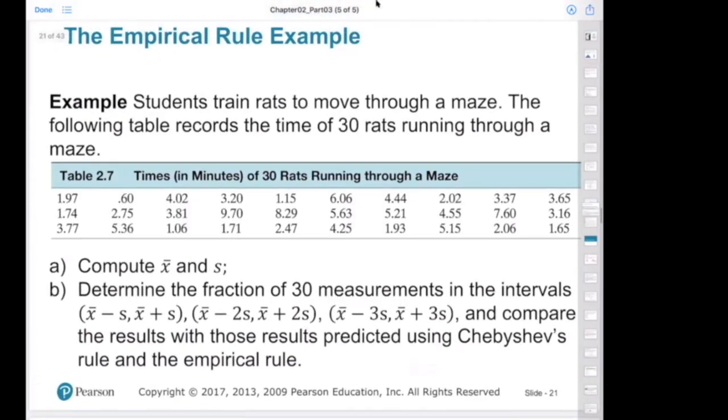An example. So remember, I said to you, you need to describe your distribution by 2 things: a center and a measure of the variability. Now by the empirical rule, you can describe the distribution by just 2 numbers: x bar and s, the mean and the standard deviation.